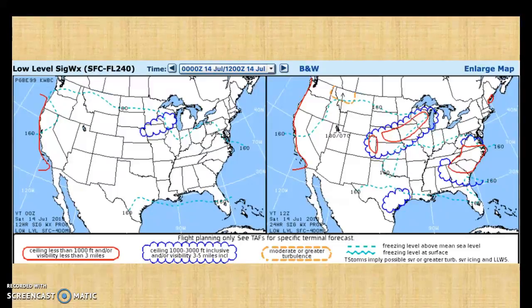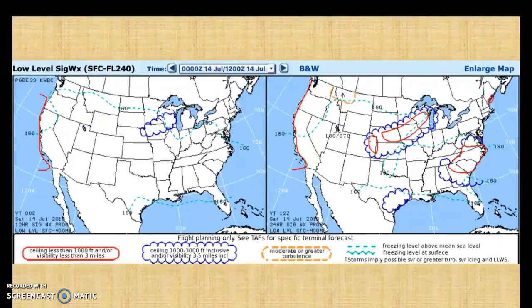to Wisconsin, and there is some chance for IFR conditions there in Nebraska, Iowa, and Wisconsin as well as the eastern part of Colorado. There is some more marginal VFR conditions down in southeastern Texas, along the Gulf Coast area, as well as in the southeast, stretching from Georgia and Alabama up to Virginia, with IFR conditions happening in the Carolina areas as well as northeast Georgia.